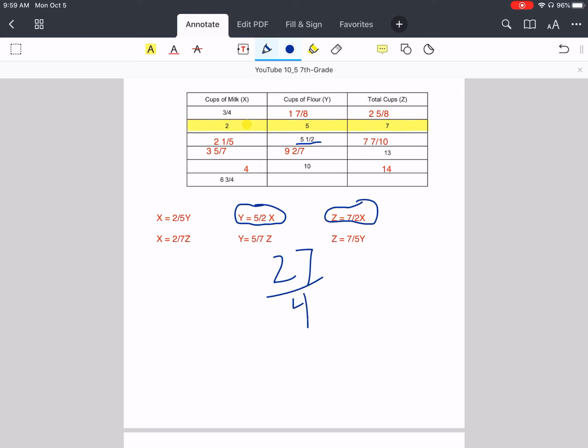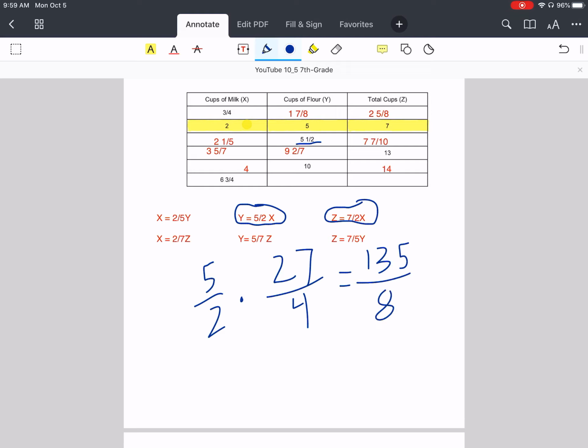So we're going to do 5 over 2 times 27 over 4. 5 times 27 is 135, and 2 times 4 is 8.